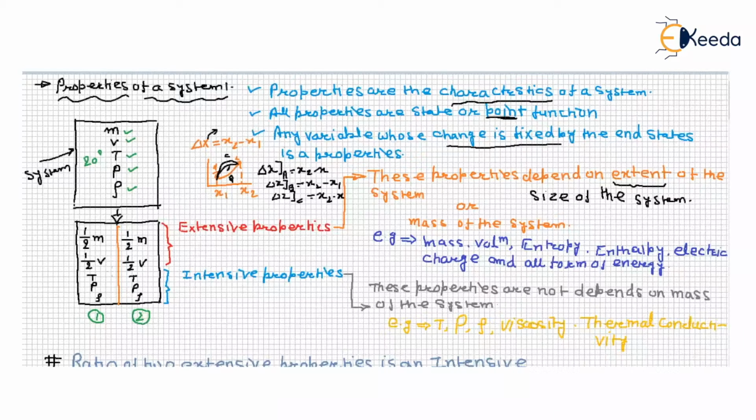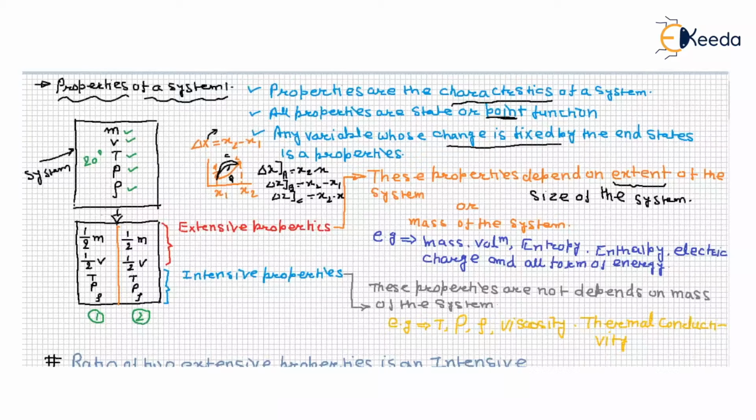If the pressure is 1 kilopascal, if you separate that, pressure is also 1 kilopascal and 1 kilopascal. If the density of water, let's suppose, is 1000 kg per meter cube, if you separate that system into two equal parts, density is also the same.